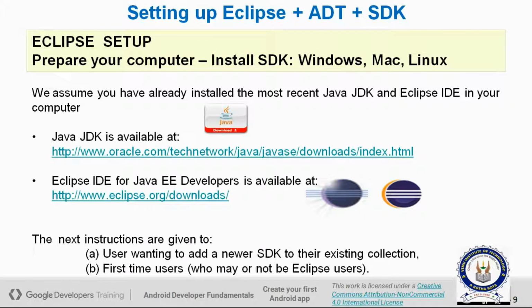So how many do you have to download? Four. One is Java, another one is Eclipse, another one is ADT, another one is SDK, if you want to create applications through Eclipse. So now we downloaded only JDK and Eclipse.